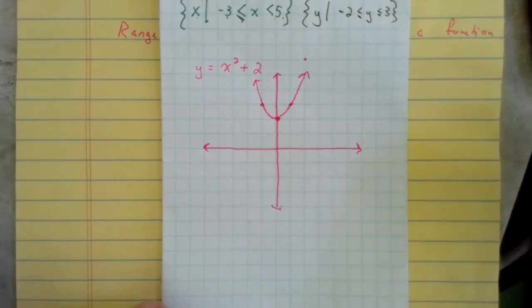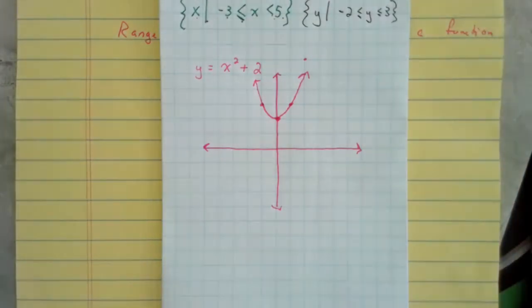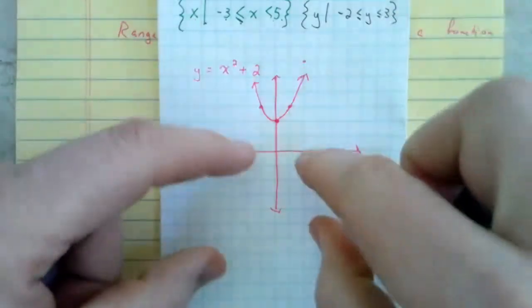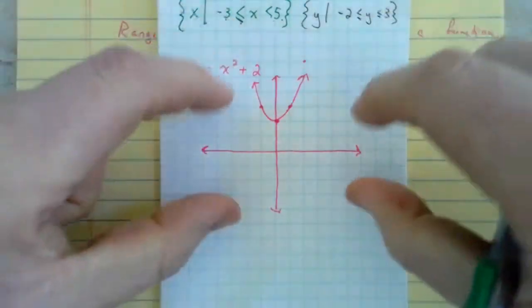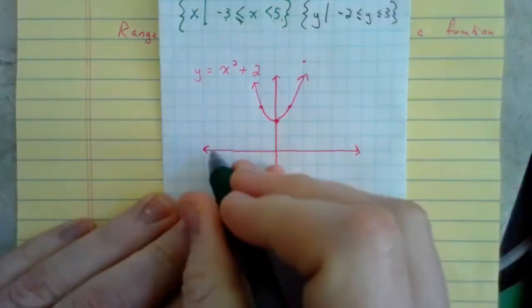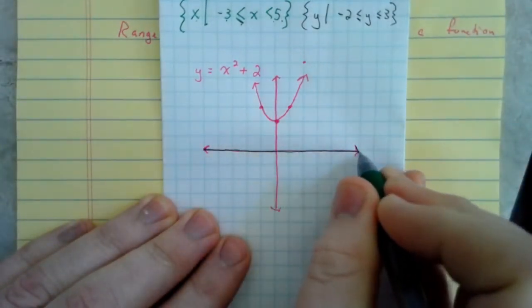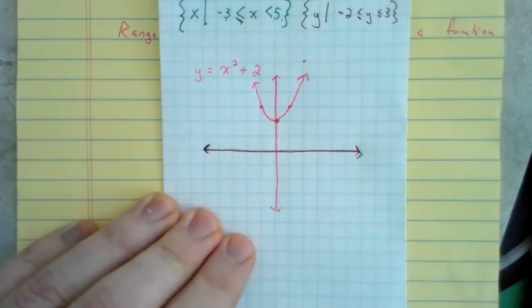So we're going to take a look at our domain and our range. Now, because these arrows extend infinitely, if I were to squish the graph down to the x-axis, how much of the x-axis is it going to cover? It's going to cover the whole x-axis. It's going to keep extending infinitely, forever.